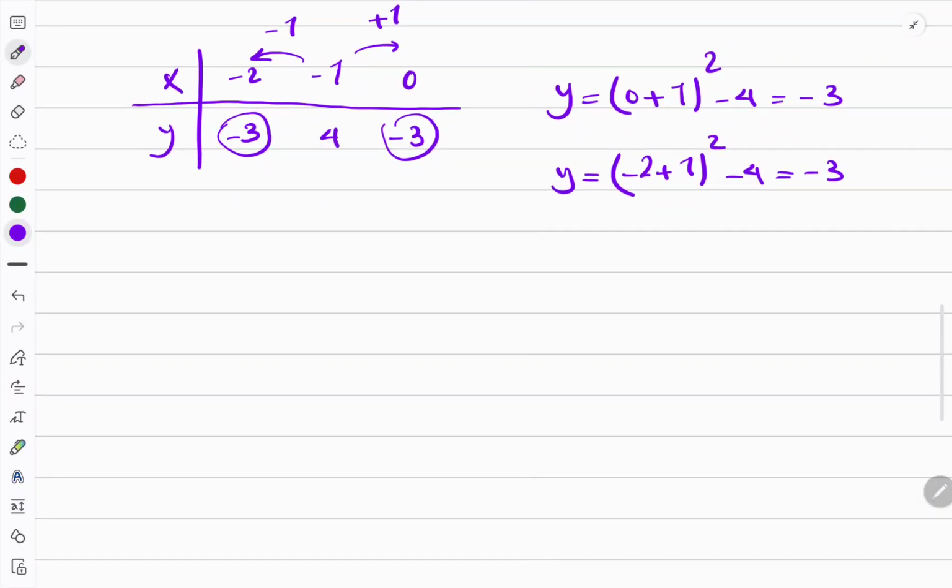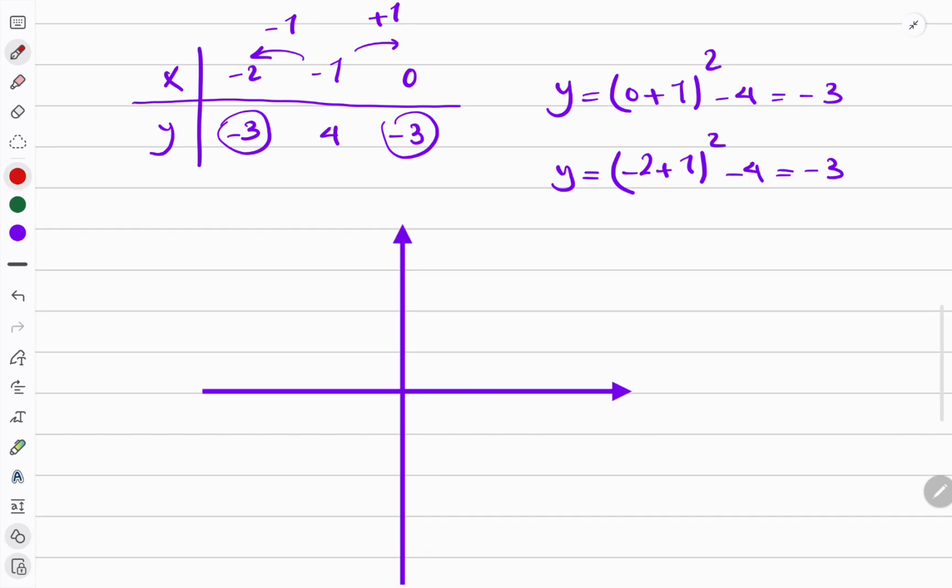Okay, now I'm going to plot all of these 3 points. Negative 1, negative 4, 0 and negative 3, negative 2 and negative 3.